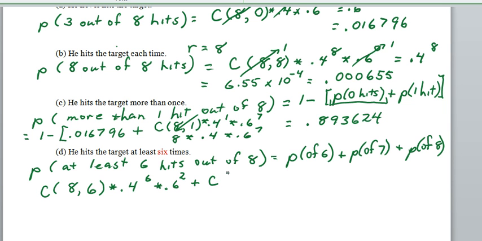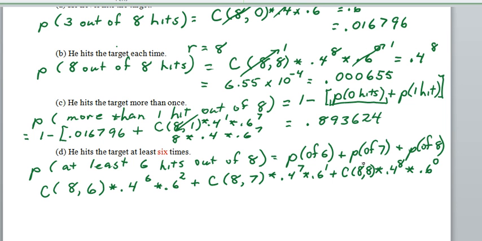Plus the number of combinations of 8 things taken 7 at a time, times 0.4 to the 7 times 0.6 to the 1, plus C(8,8) times 0.4 to the 8 times 0.6 to the 0.